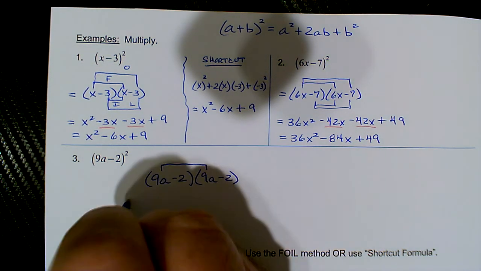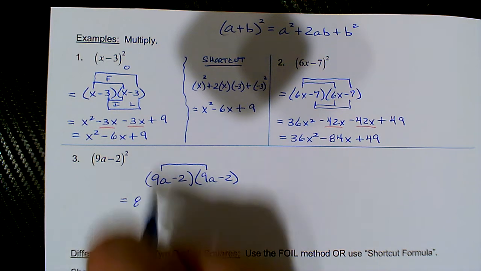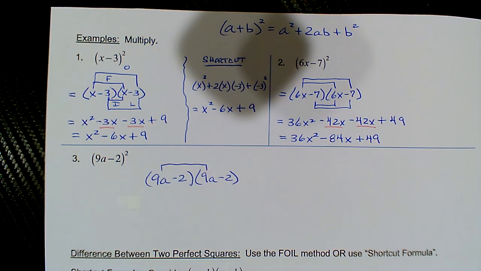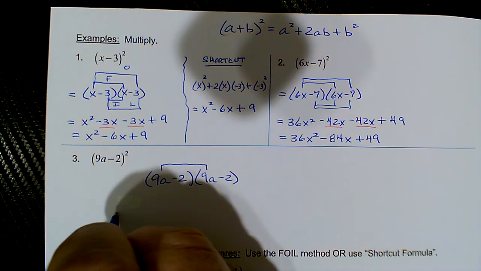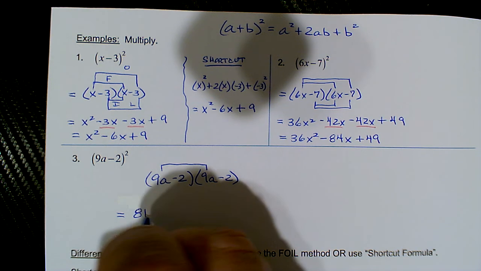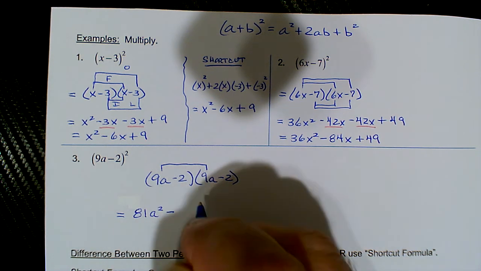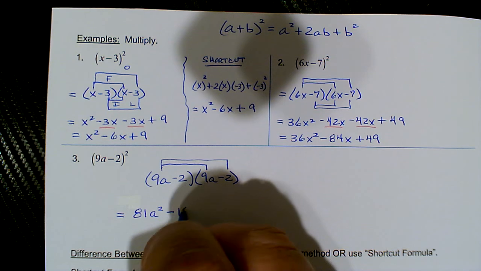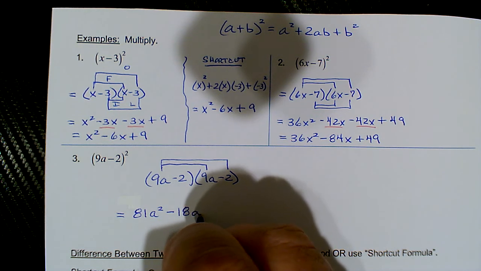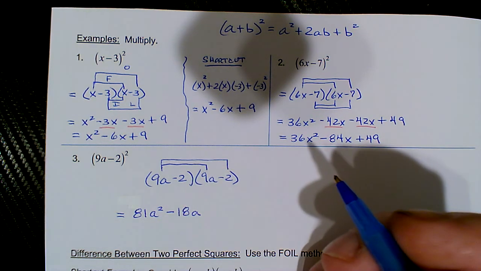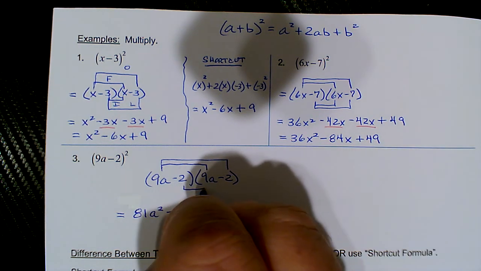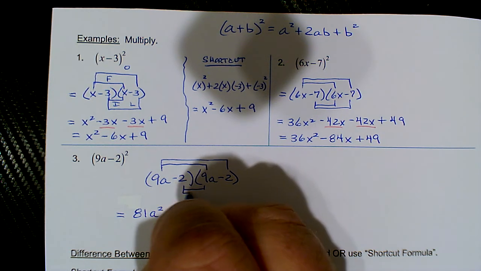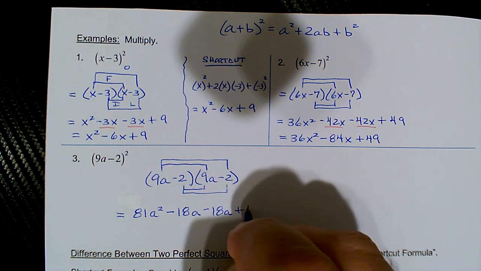So 9a times 9a, 81a squared. The outer terms, 9a times negative 2, that is, negative 18a. Inner terms the same, negative 18a. And then the last term's negative 2 times negative 2, positive 4.